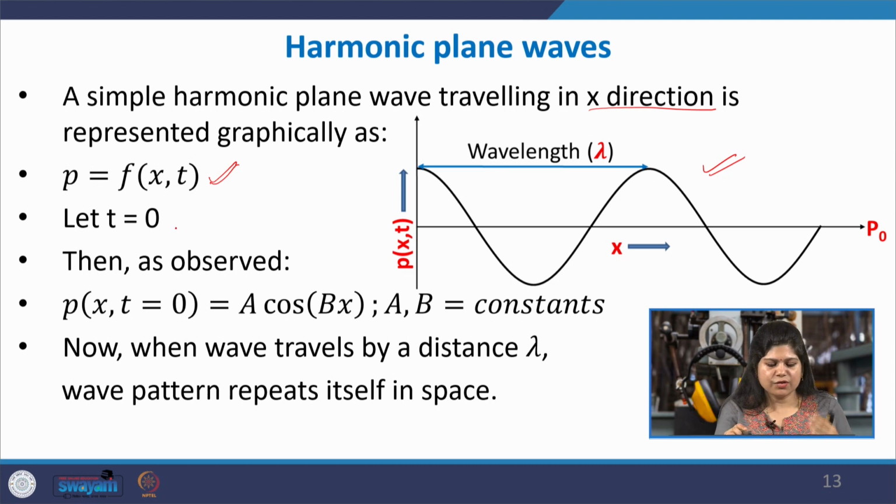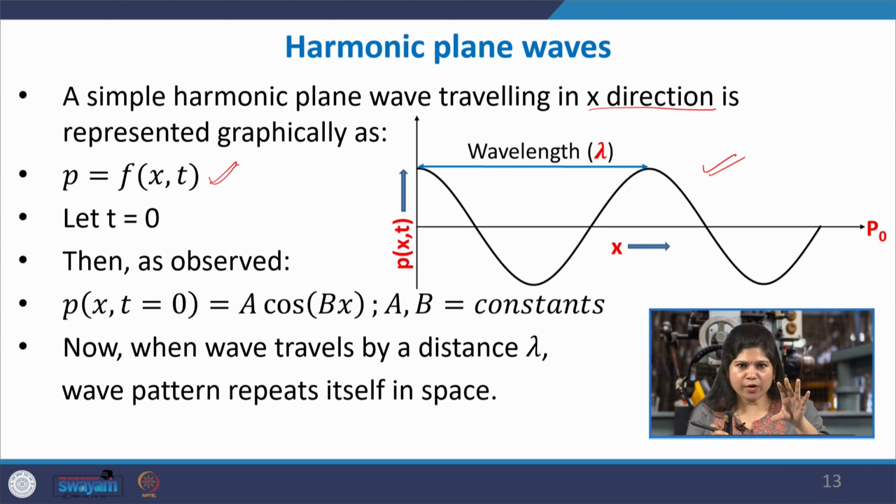Now, let us try to derive the solution. To arrive at our equation, first we will see what is the nature of the wave front when it is only varying with space.